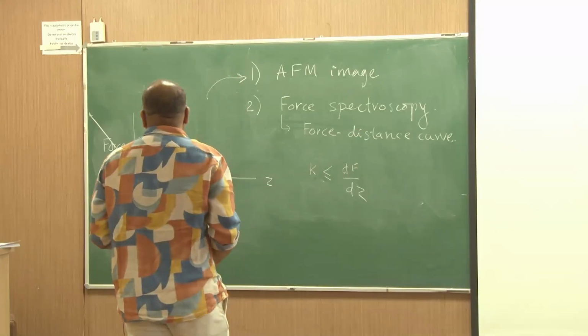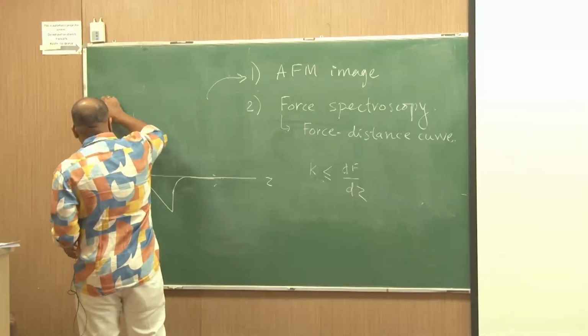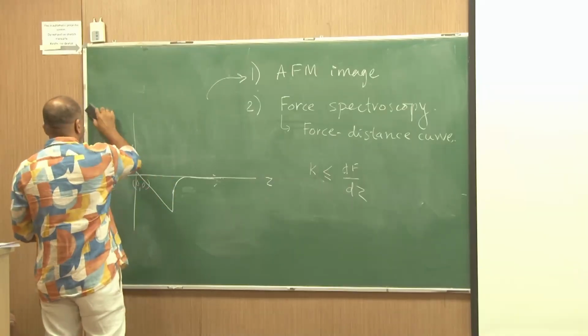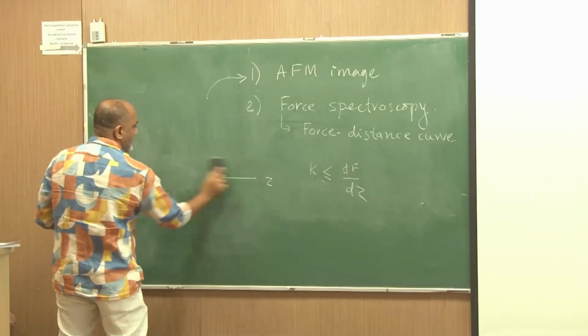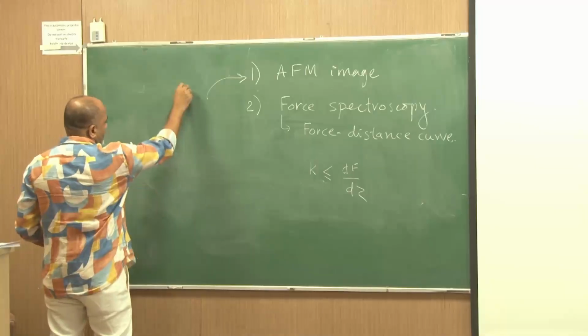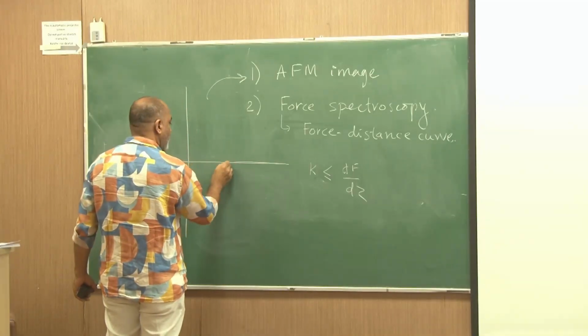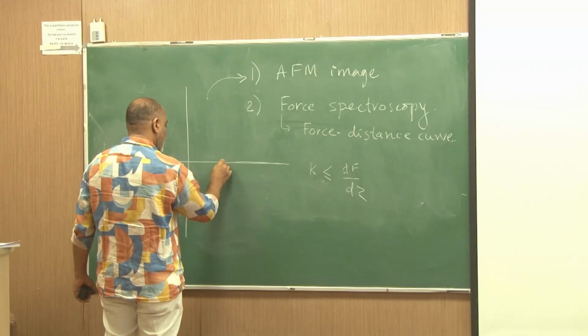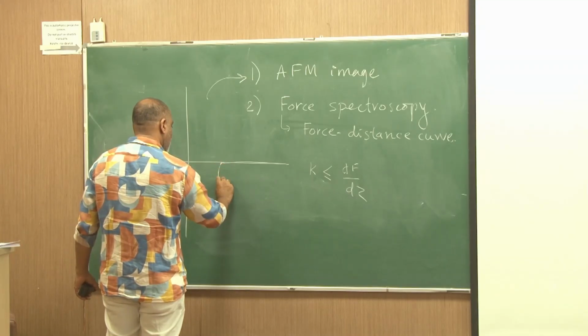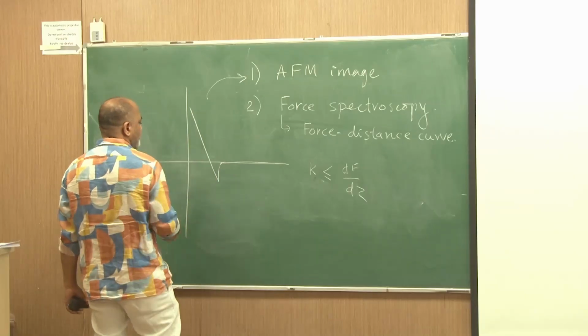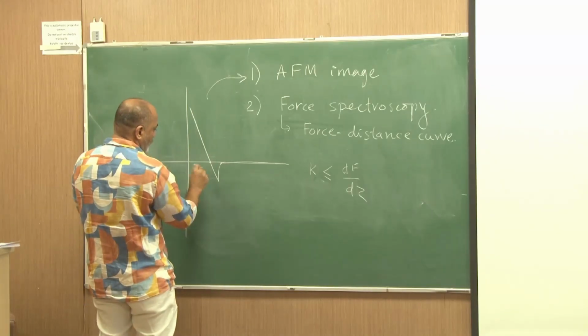If I can draw this again, it comes there, at one point it jumps and goes up again, and the 0, 0 is separate now.